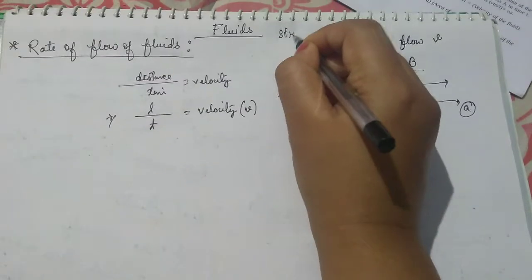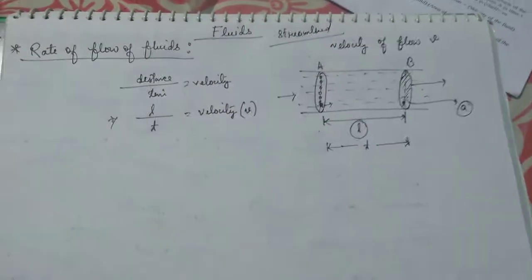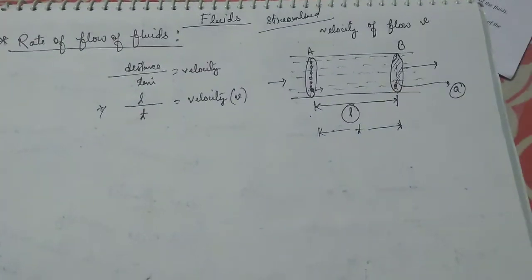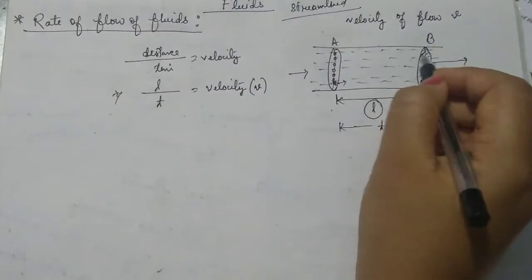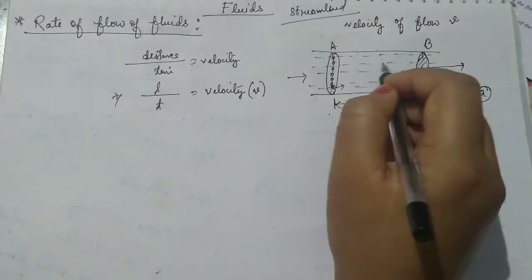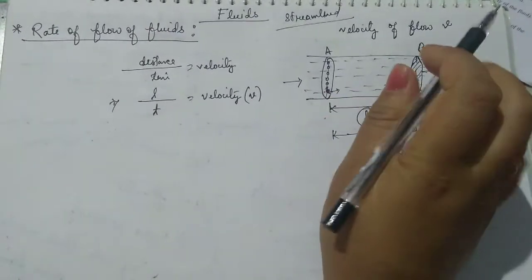And I again want to mention that this is a streamline flow. Streamline flow means that the liquid molecules are always having a uniform velocity, and their velocities never change with respect to time. So all the molecules will be having the same velocity.